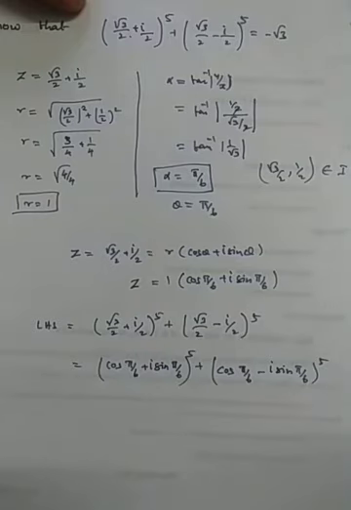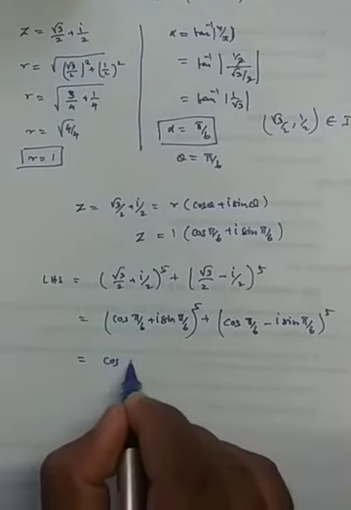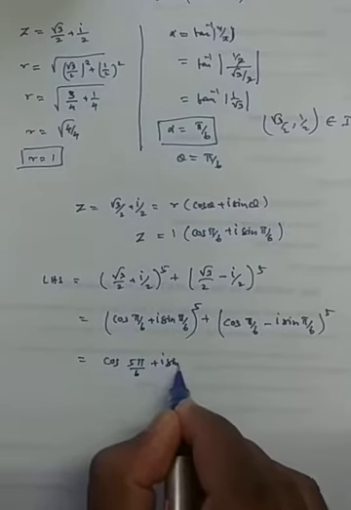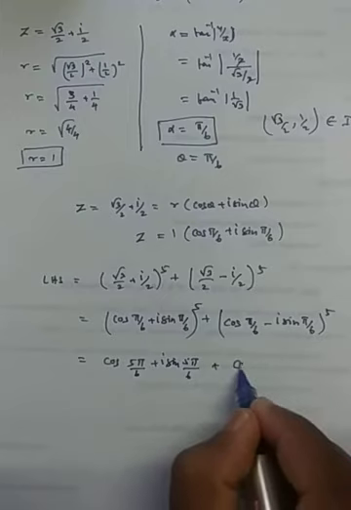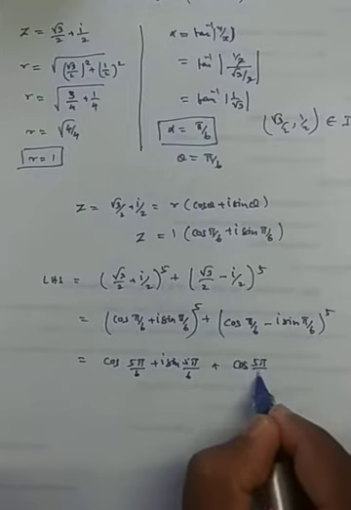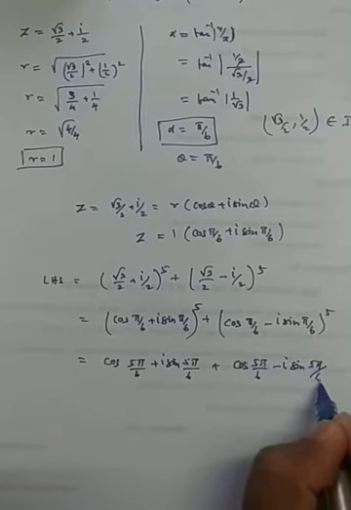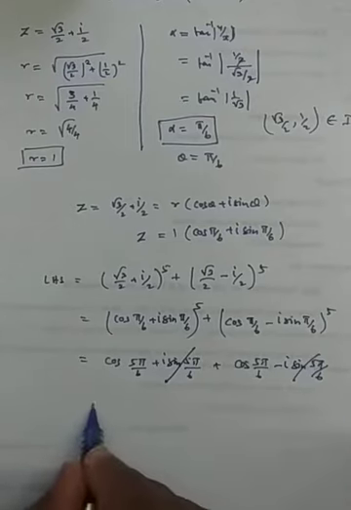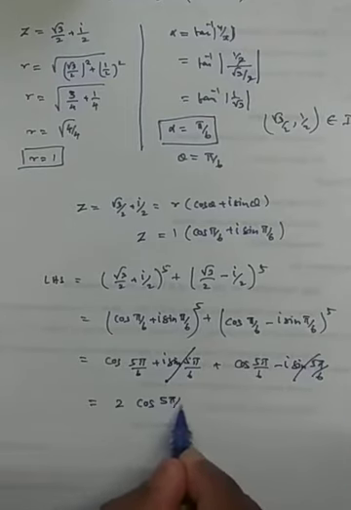Now you just apply the rule: cos 5 pi by 6 plus i sin 5 pi by 6, plus cos 5 pi by 6 minus i sin 5 pi by 6. Now you can see this plus i and this minus i get cancelled. So we are getting 2 cos 5 pi by 6.